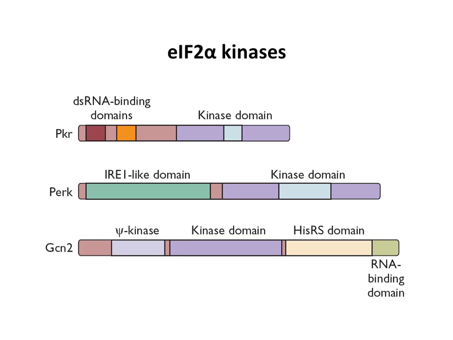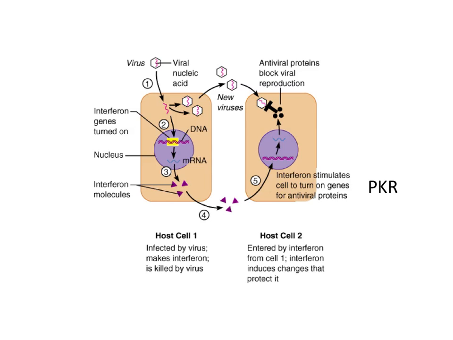Now, when viruses infect cells, there are very early responses initiated by the innate immune system. We'll talk a lot about this later on. Here's a virus infecting a cell. In this case, the genome is detected by the innate immune system as a foreign molecule, and that turns on the interferon system. This cell will now produce interferons.